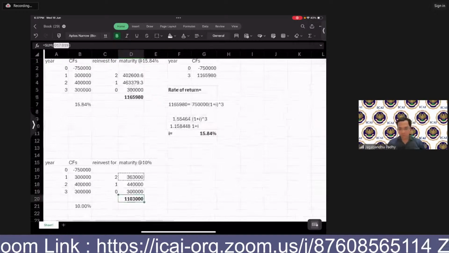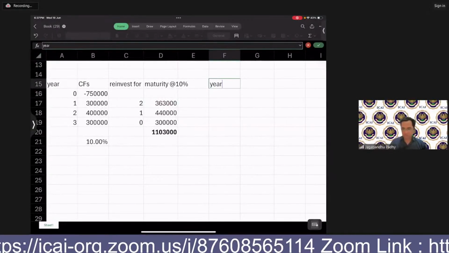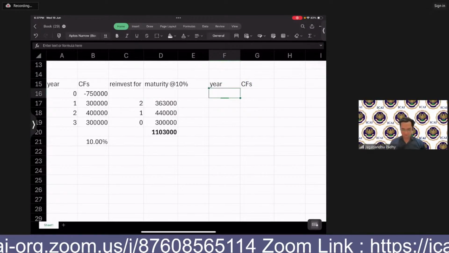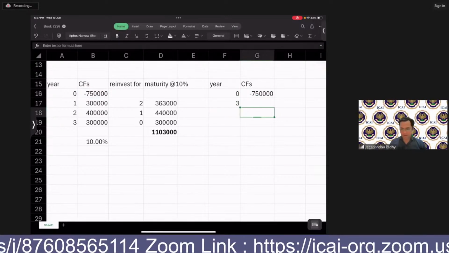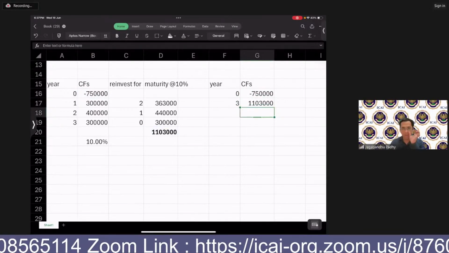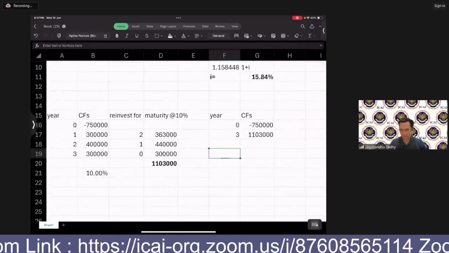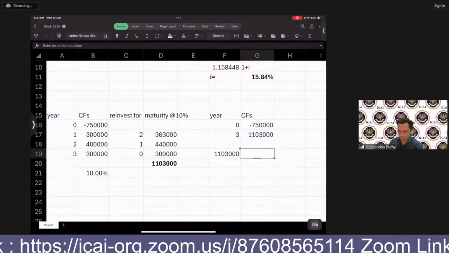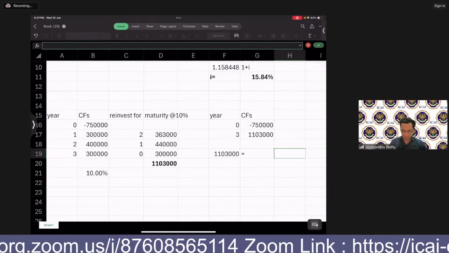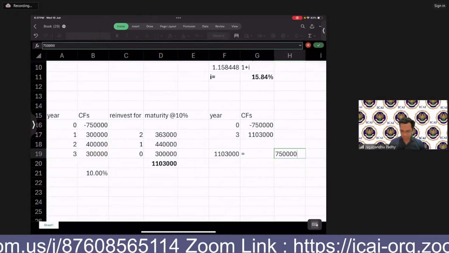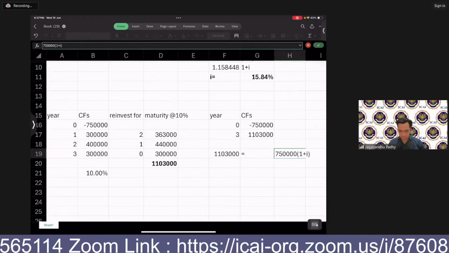So if I want to get the rate of return over here, I'll again write down the year and the cash flows. Your investment is 7,50,000 in year 0. And finally, in the 3rd year, you have this maturity coming in. So your rate of return: 11,03,000 is equal to 7,50,000 into 1 plus I to the power of 3.